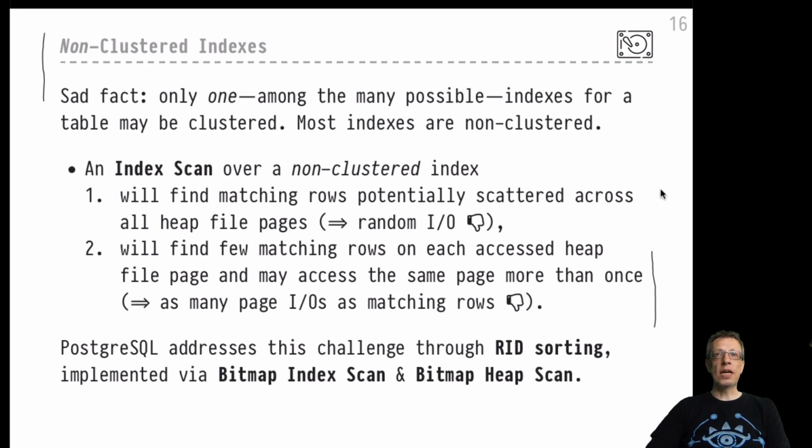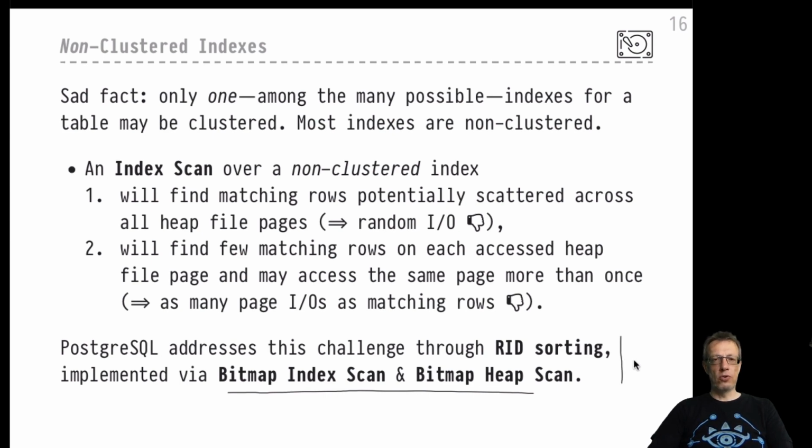And a normal index scan cannot cope and cannot account for this particular observation and situation. We need a special technique for that. We need a special pair of operators to deal with this situation, and this is the Bitmap index scan and the Bitmap heap scan pair. What they will effectively perform is a form of RID sorting.